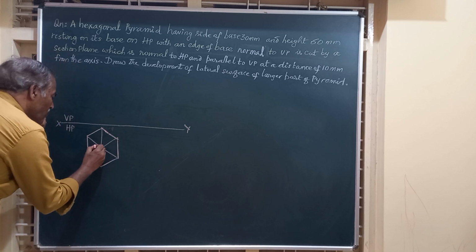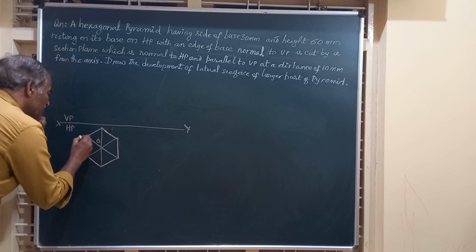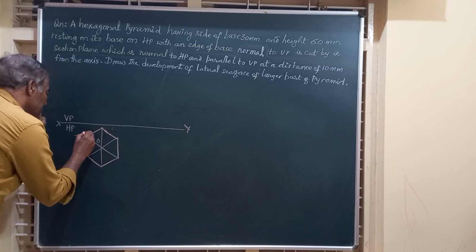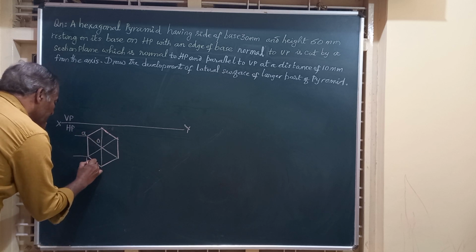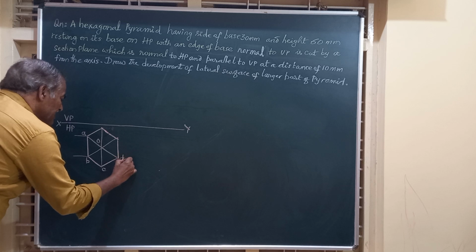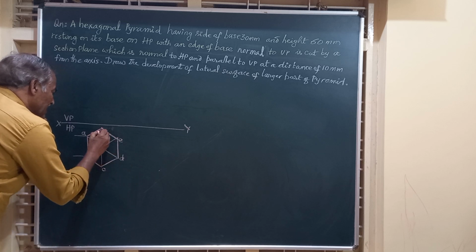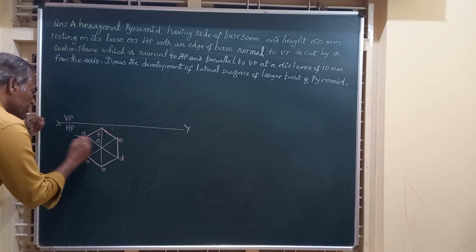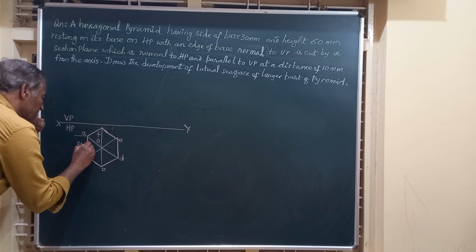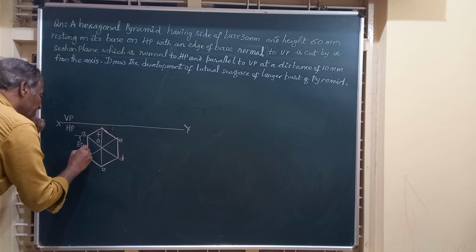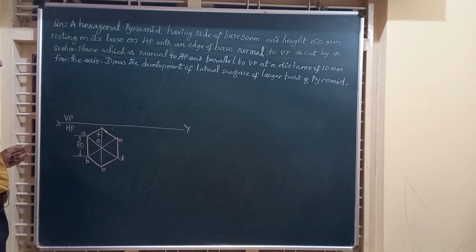So this is O, and we will mark these corners as A, B, C, D, E and F. Here the dimension given is 30 mm, that is, the pyramid having the side of base 30 mm.